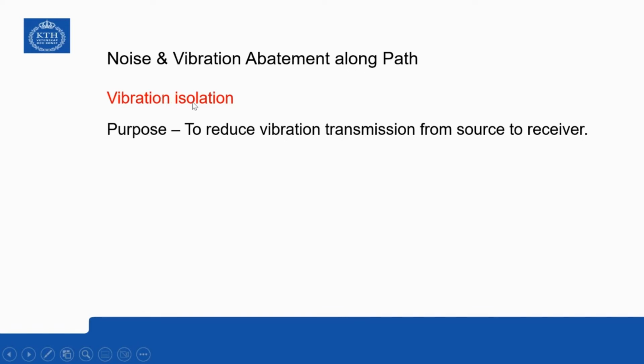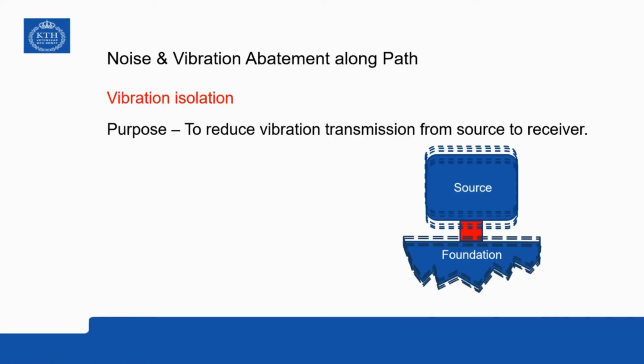So we try to cut off this path by introducing a vibration isolator between the source and the foundation. So this is one illustration here. We have a vibrating source and the foundation that receives part of the vibration energy that the source emits.